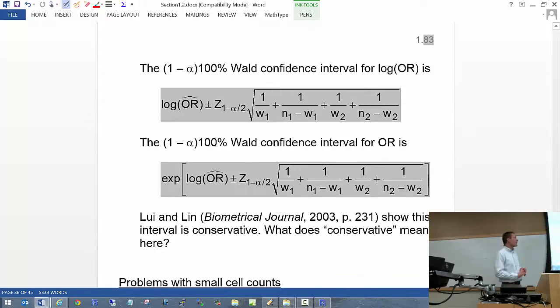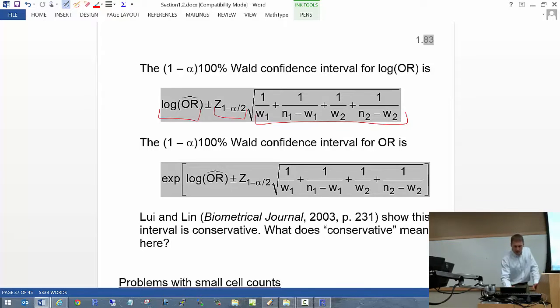So then what we do is we form a confidence interval, a log confidence interval for the log of the odds ratio. Again, we take the estimator plus or minus the value from the standard normal times the square root of the estimated variance of the log OR hat. Again, we are really not concerned about the confidence interval for log of OR. We want the confidence interval for OR itself. So we use the exponential function, just like what we did with the relative risk.